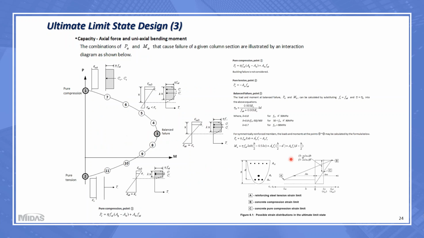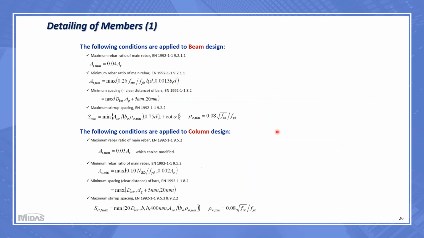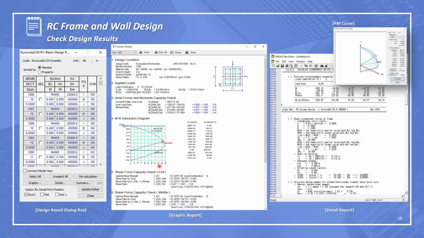For ultimate limit state design, all formulas can be checked by yourself here, and it's very familiar to you because we took all formulas from Eurocode, for beam design here, for column design, and for wall design.